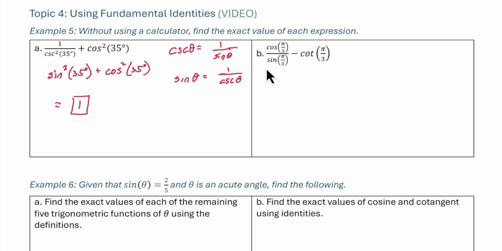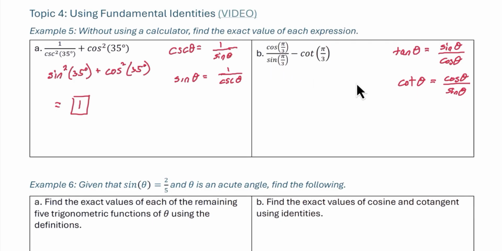In the next part, let's remind ourselves that tangent theta is the same thing as sine theta divided by cosine theta. Or cotangent theta is cosine theta divided by sine theta. So looking at our first fraction, we have cosine of pi thirds divided by sine of pi thirds.